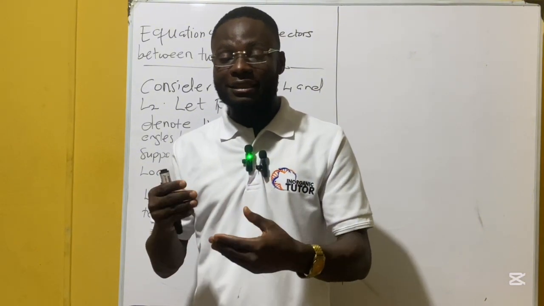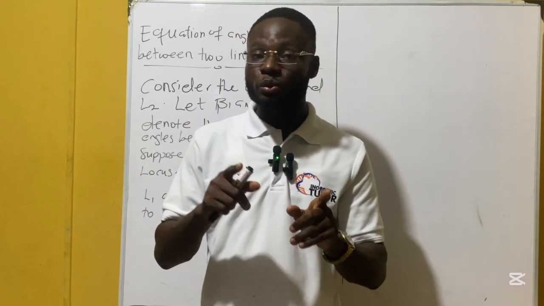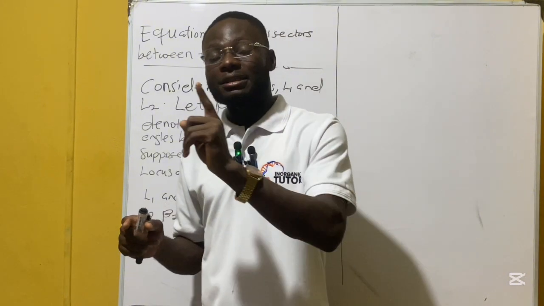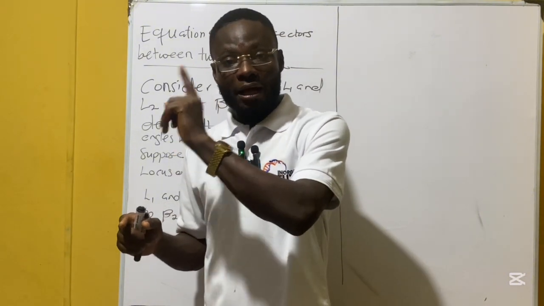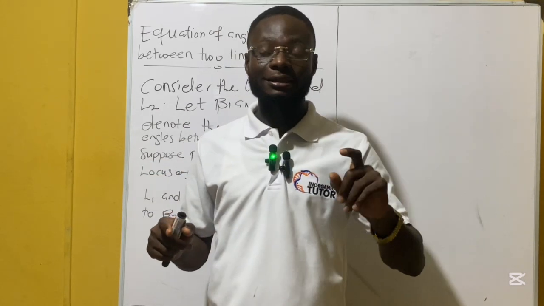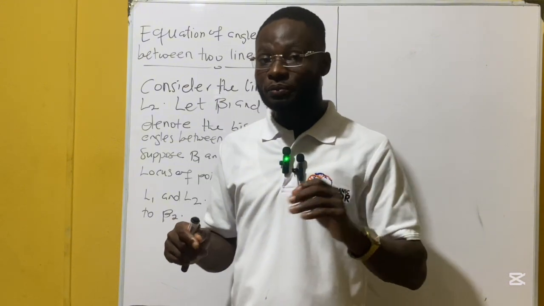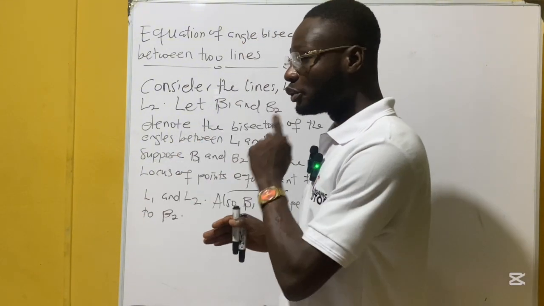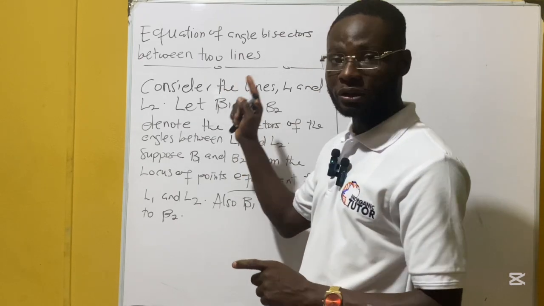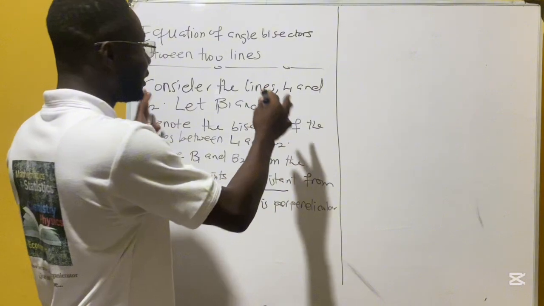If you are saying that a point is equidistant from a line L1 and L2, then basically distance of a point from L1 is equal to distance of a point from L2, right? So that is what you are going to use to illustrate the diagram for this particular concept.